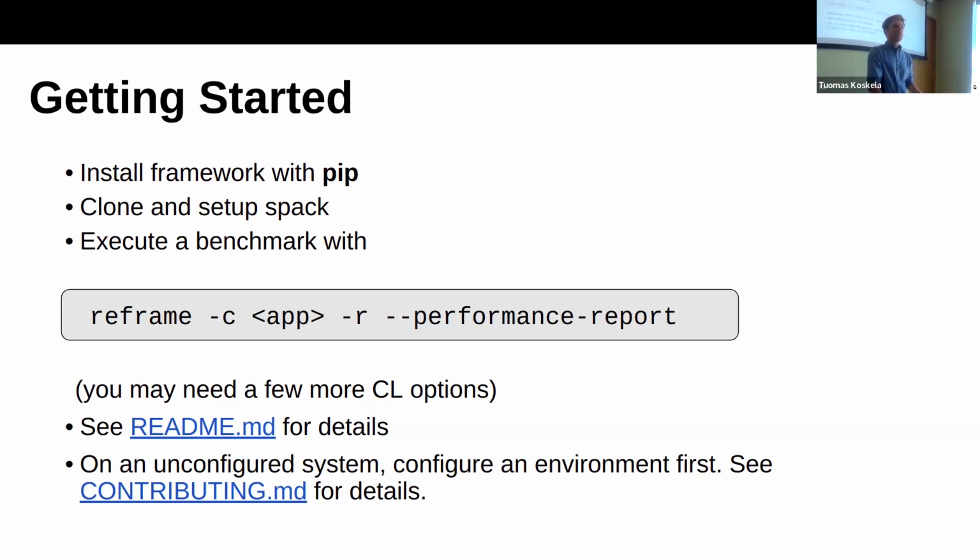If you're working on a system like CSD3 where the configuration already exists in the repo, that's basically it. Then you can just run applications. To run on a machine like your own laptop or your own cluster, you need to set up the Spack environment, which has a few more steps, but I'll show that in a minute.